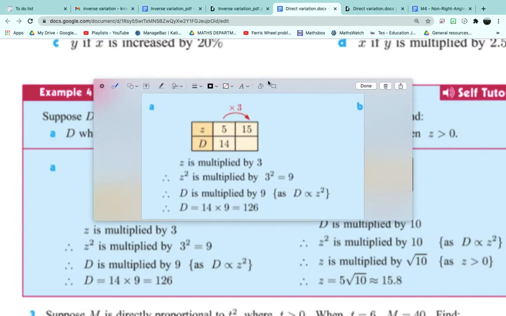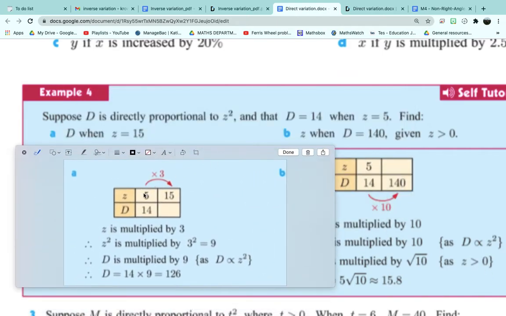Let's say we've got a relationship between 5 and 14 such that d is proportional to z squared. So we're going to say that 14 is proportional to z squared. It hasn't included our constant k, so let's include that. K and z squared is going to be 5 times 5, which is 25.